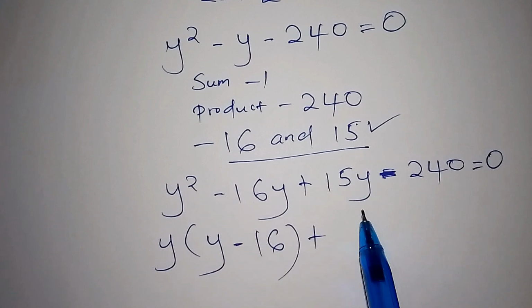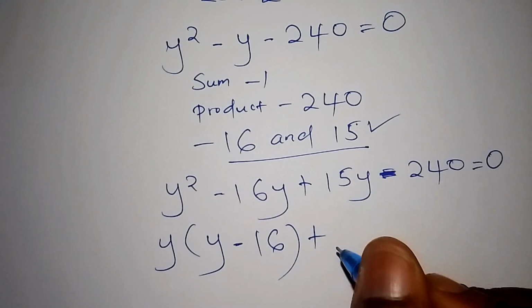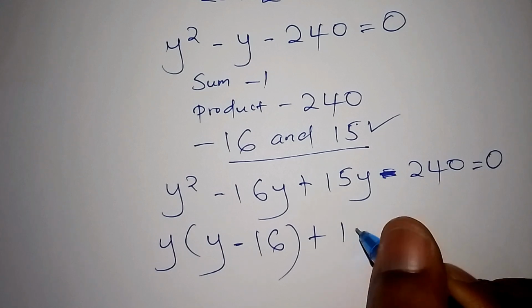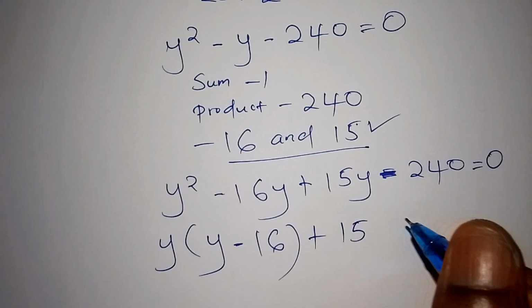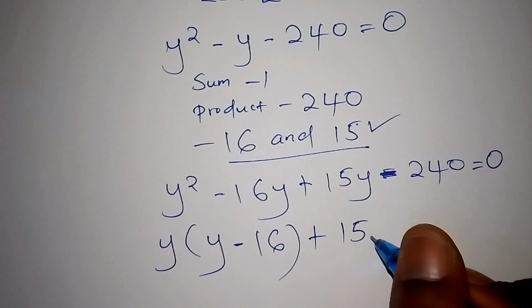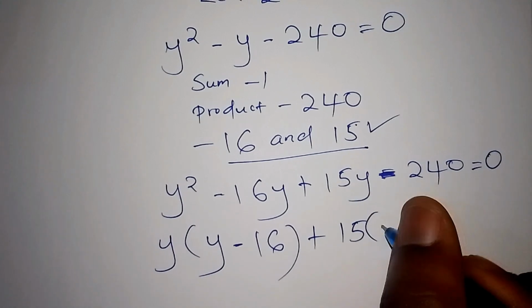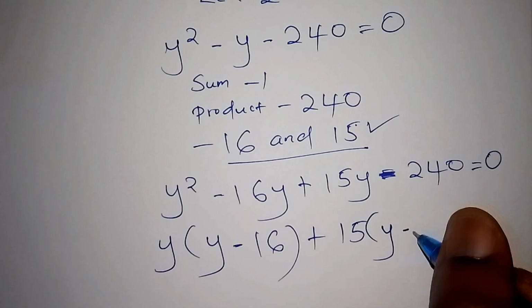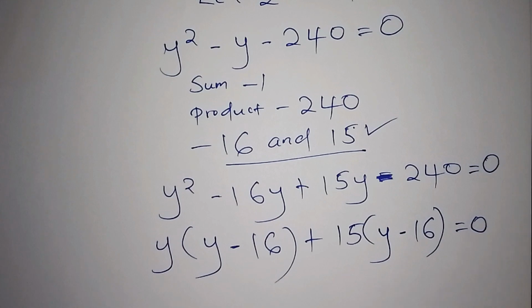So in that case we have to express this 15y minus 240. So in this case we shall proceed and have the result as 15 into bracket y minus 16 is equal to 0. So let's now group them.